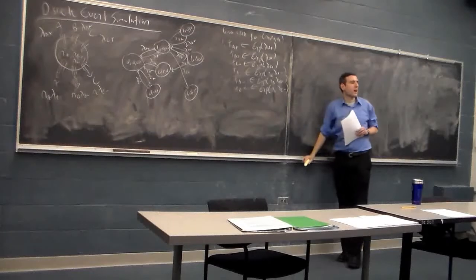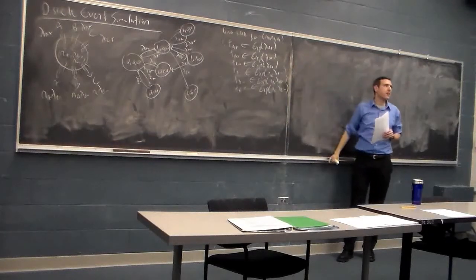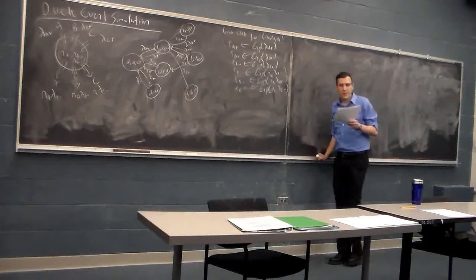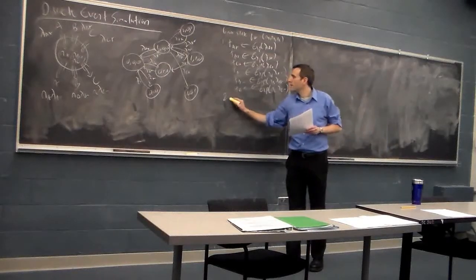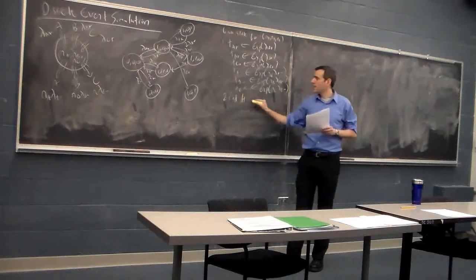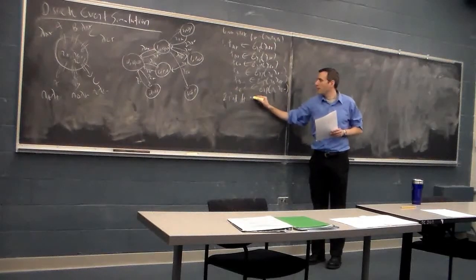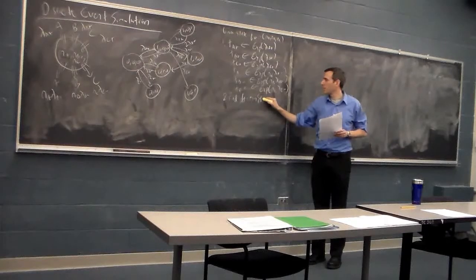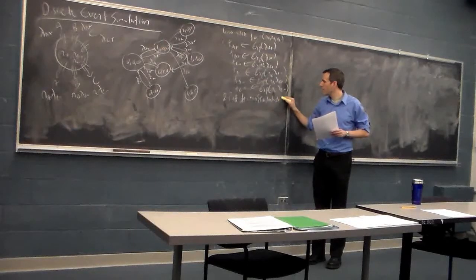So that would be the first step of our simulation, is to get these times that would correspond to all of the possible next events. And we would then find some dt, which would be the minimum of these. So we pick the minimum among TA plus, TB plus, TC plus, TA minus, TB minus, TC minus.